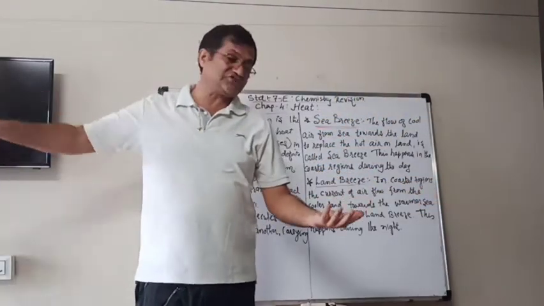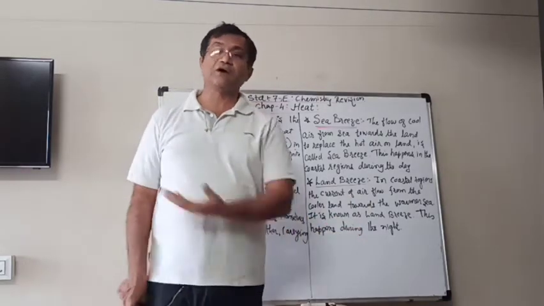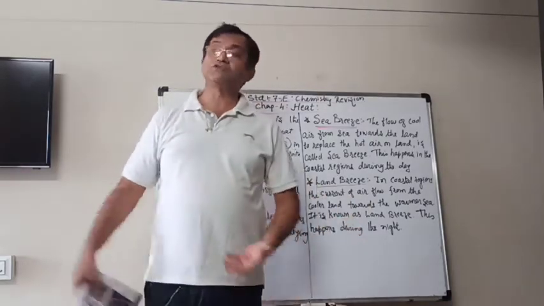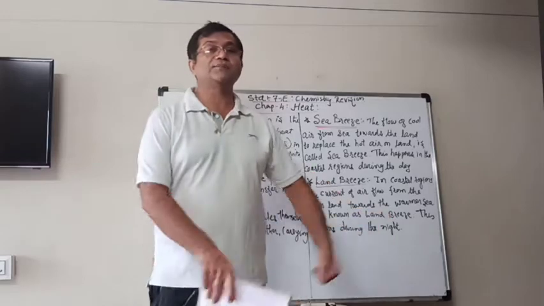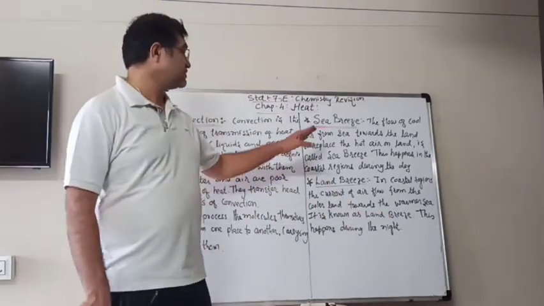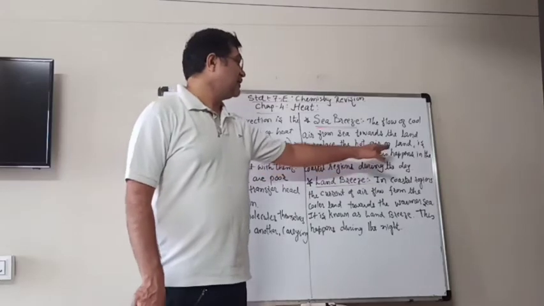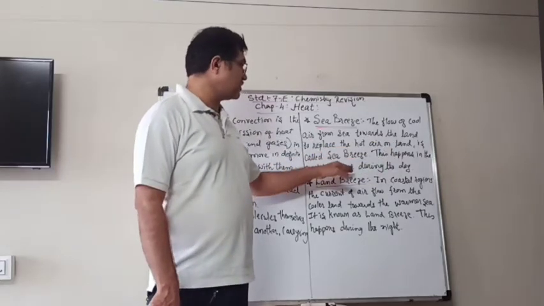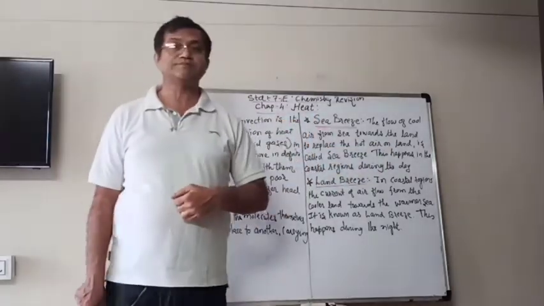So from high pressure to low pressure the air flows. So the cooler air flows from the sea toward the land, and that is known as sea breeze, and it happens in the coastal regions during the day.